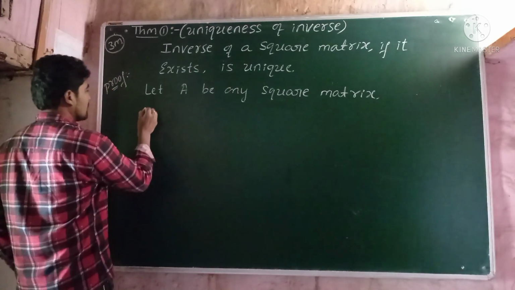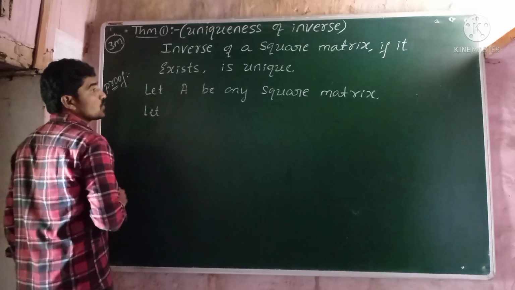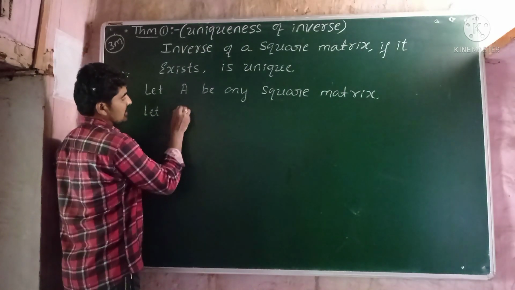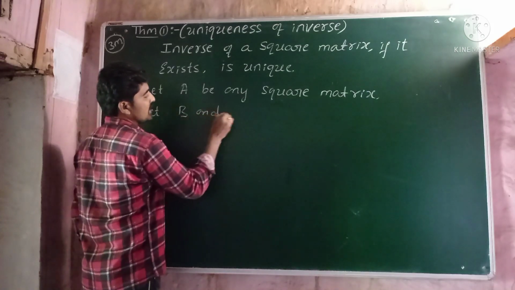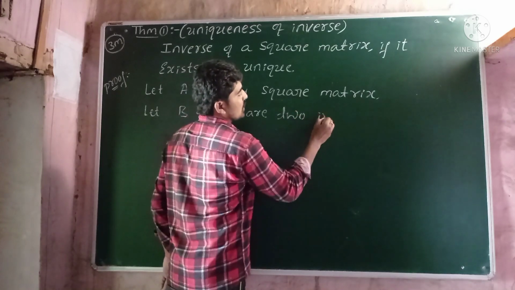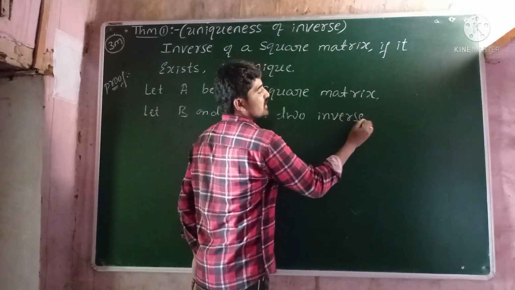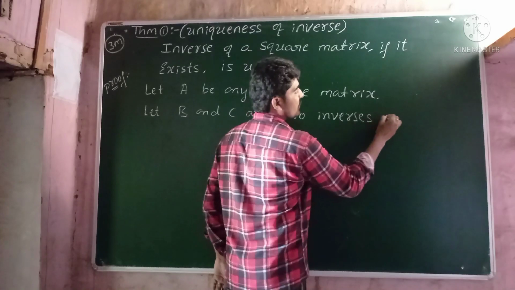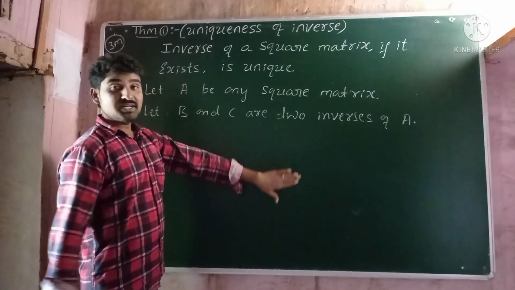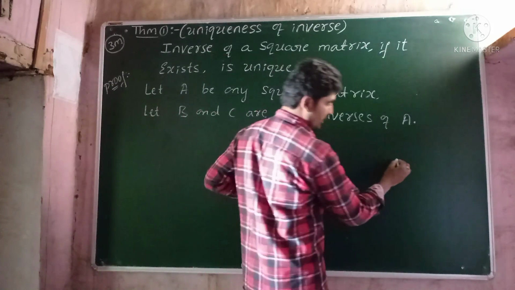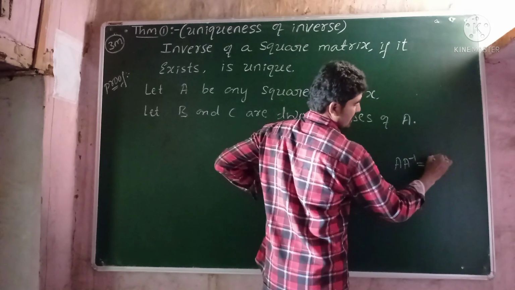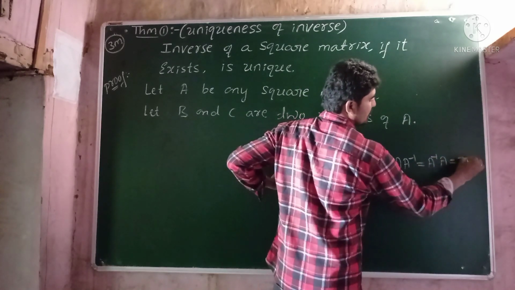So for that, let us consider two different inverse matrices for this matrix A. Let matrix B and matrix C be two inverse matrices, or inverses, of matrix A. So from the definition of inverse of a matrix, we know that A into A inverse is equal to A inverse into A is equal to I matrix.